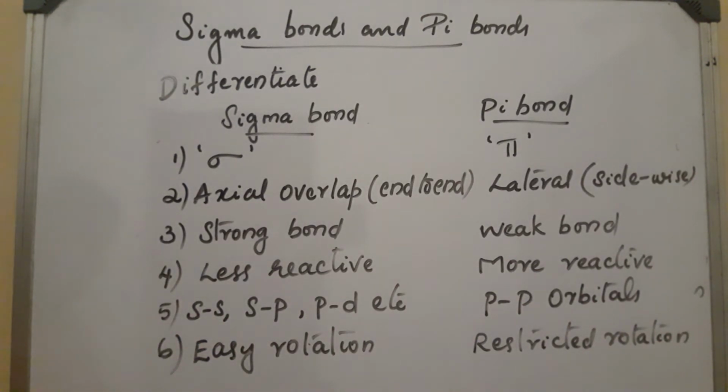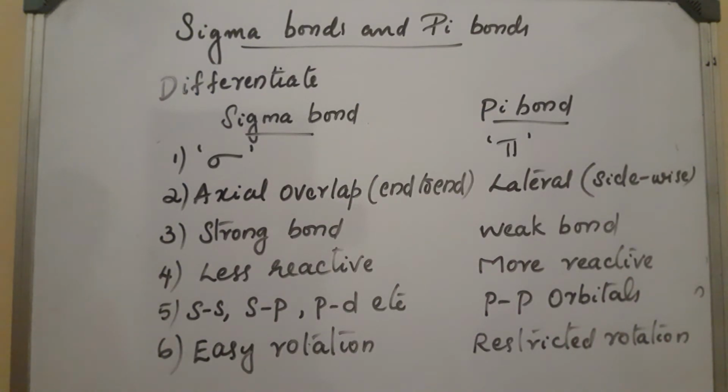Because in the case of pi bond, sidewise overlapping of p orbitals is taking place, and these p orbitals are perpendicular to the plane of the molecule.